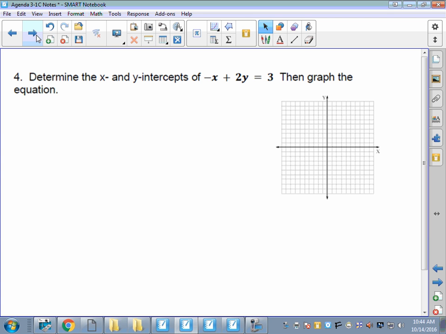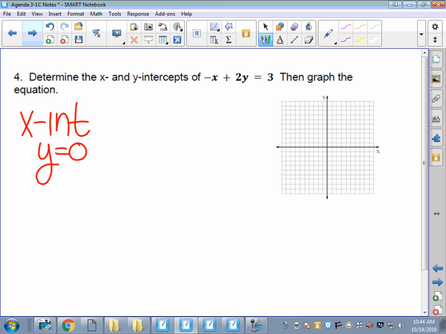Determine the x and y intercepts of negative x plus 2y equals 3. Then graph the equation. Let's do this one last one. So x-intercept. That's when y equals 0, right? So I'm going to take my original equation, negative x plus 2y equals 3, and I'm going to put a 0 in there for that y. So what is 2 times 0?